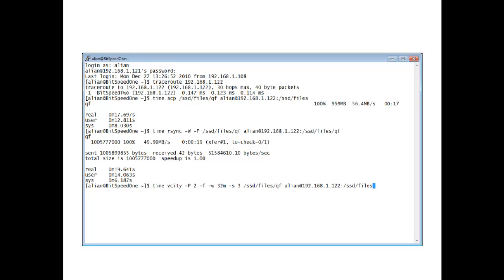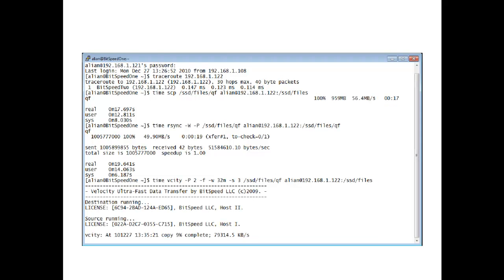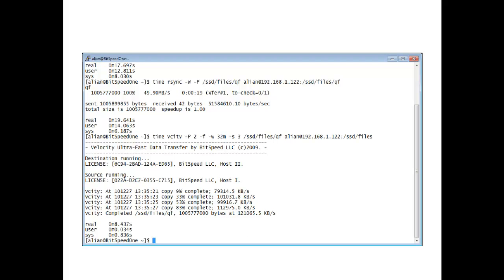Now, let's use BitSpeed Velocity to transfer that same file over the same network. Velocity completed the transfer in just over 8 seconds, running at 118 megabytes per second.